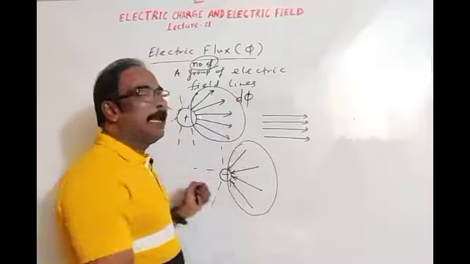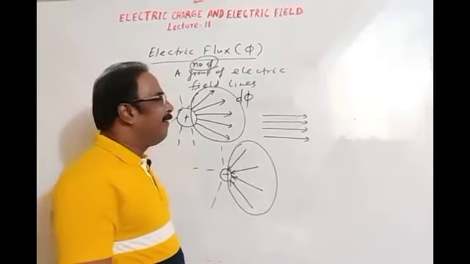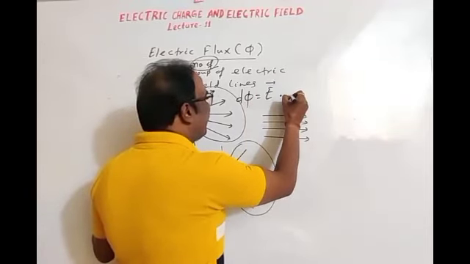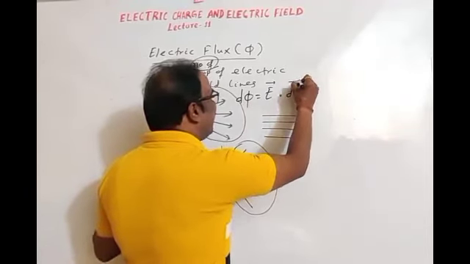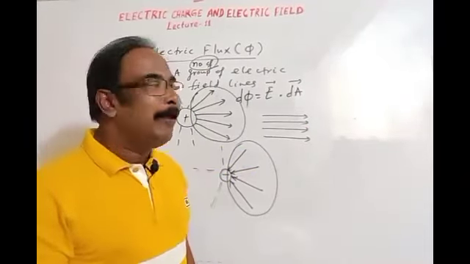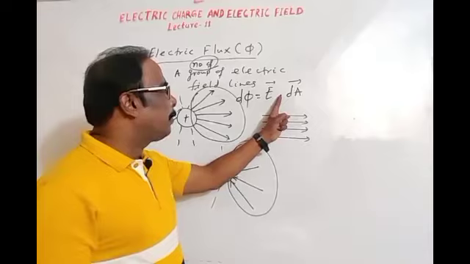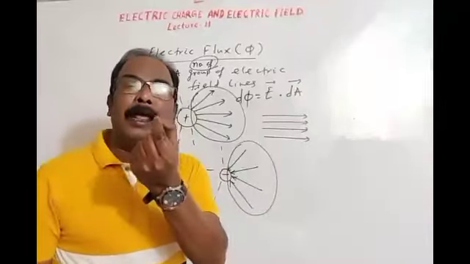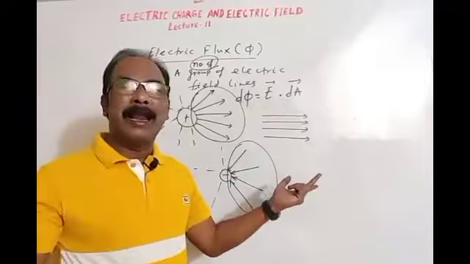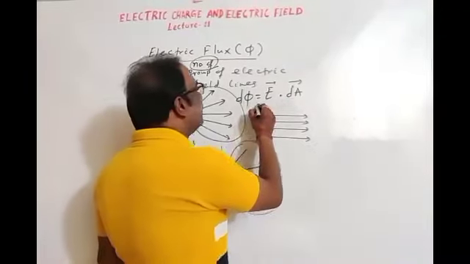Electric flux from an elemental area, d phi, is defined as the dot product of electric field and elemental area vector. Okay, a dot product is a scalar quantity, so flux is a scalar.